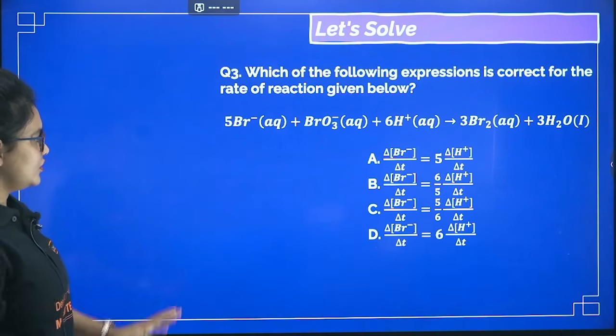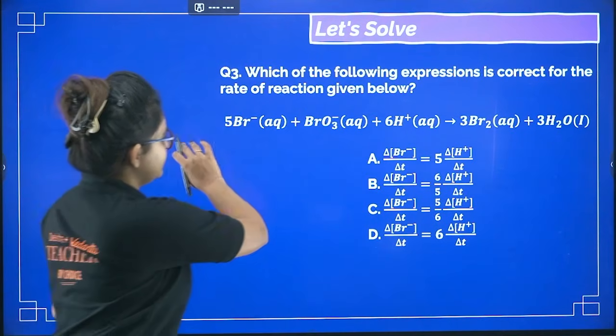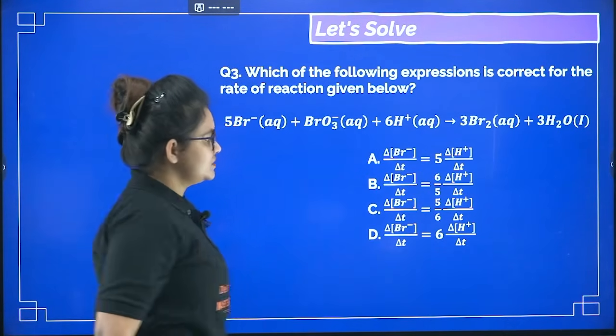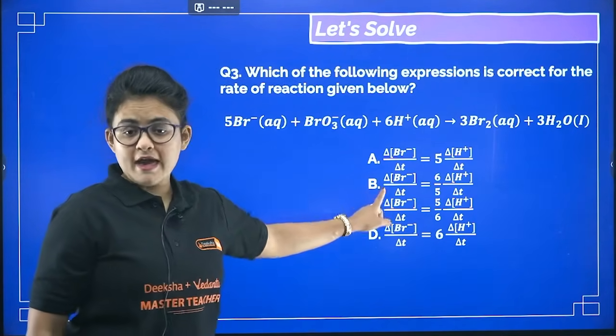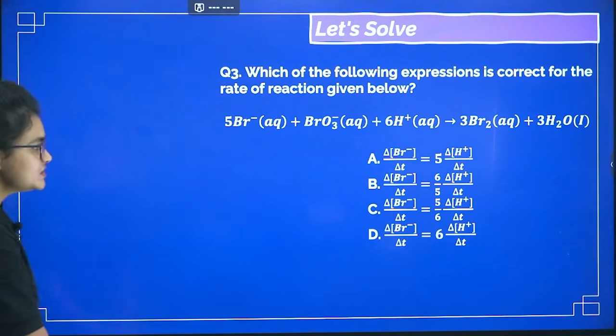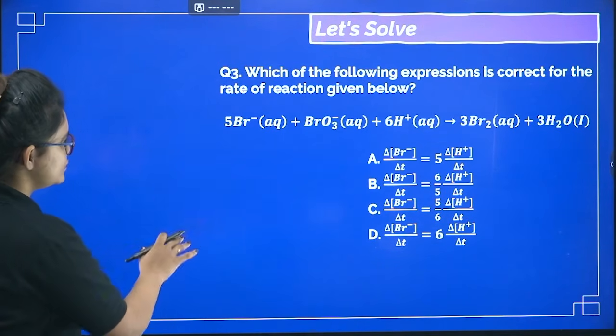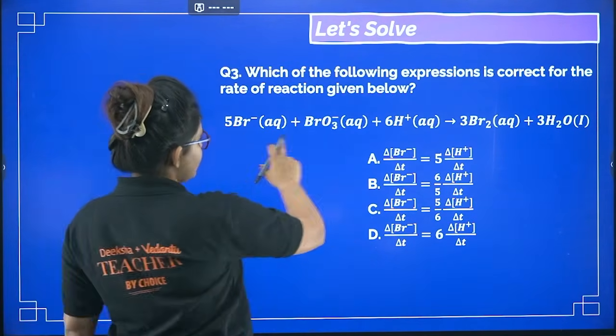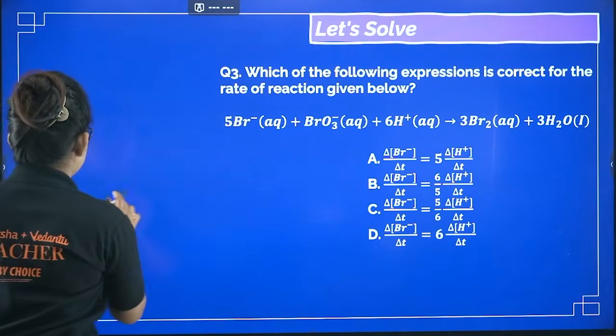Okay, one solve. So this is your equation. You have to find out the rate equation. See, this is in the form of average rate, delta. Let me just do it for you. Let's just do it with respect to Br minus and H plus. Let me write the entire equation for you.